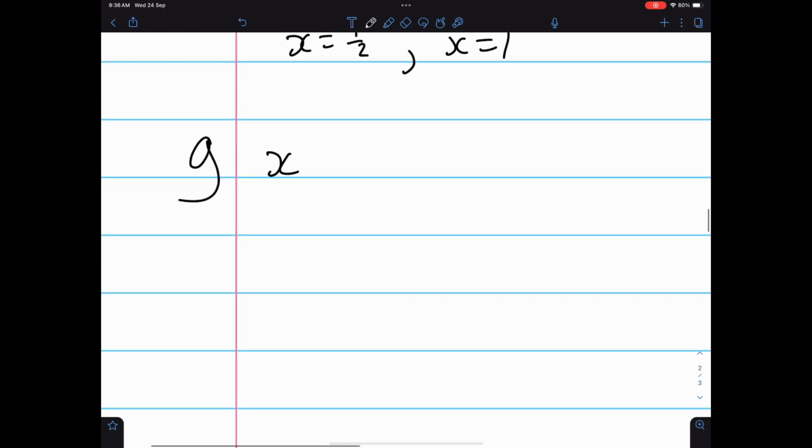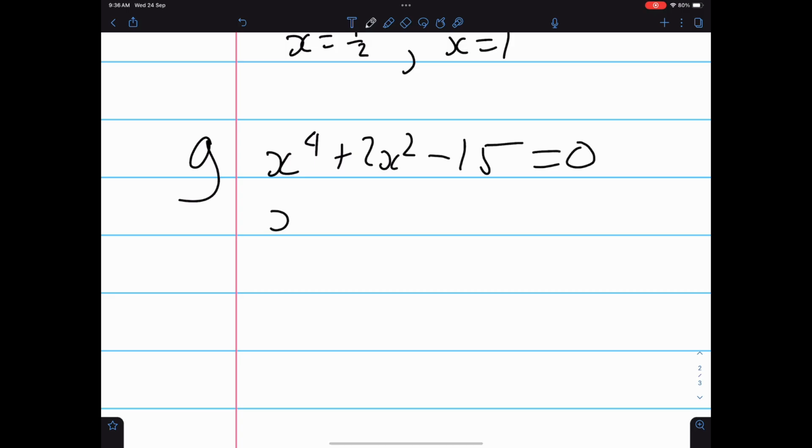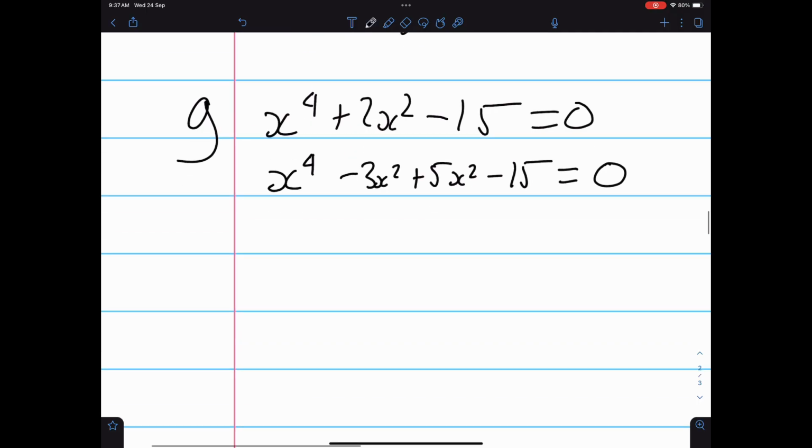G, x to the power of 4 plus 2x squared minus 15 equals 0. So x to the power of 4 minus 3x squared plus 5x squared minus 15 equals 0.